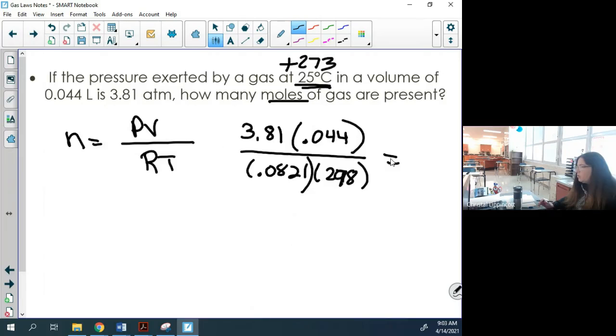Remember, when you go down to the bottom, if you hit divide, you have to hit parentheses and put in your 0.0821 times 298 into your parentheses, and you should come up with, and we need 2 sig figs, 0.069, and this is moles of gas. It doesn't say what kind of gas, so we'll just put moles of gas.